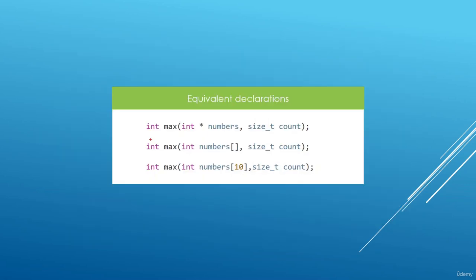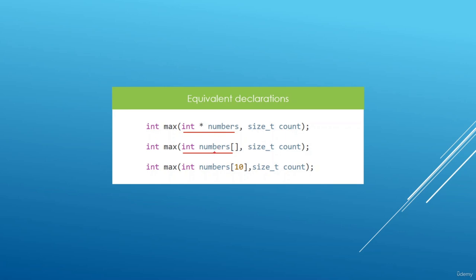Here is a simple slide showing something you should really be careful about. These three functions are equivalent, and if you try to set them up in your C++ file, you're going to get a compiler error. They are equivalent because they really do the same thing. The first one is going to take an int pointer, and we have seen that an int pointer and an array of ints really are the same thing.